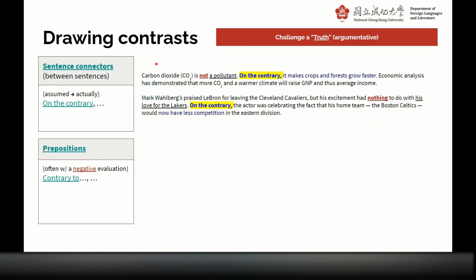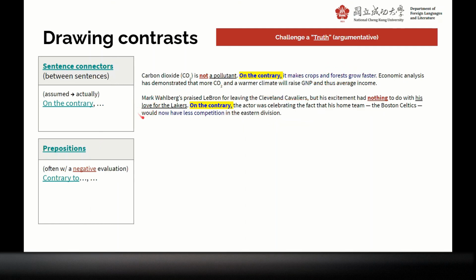So their point 1 is the assumption, what they think, and your point 2 is what's actually the truth. So in this case, the writer is acknowledging that the reader probably assumes that carbon dioxide is a pollutant, but they're saying it's not a pollutant. On the contrary, it actually is their point 2.